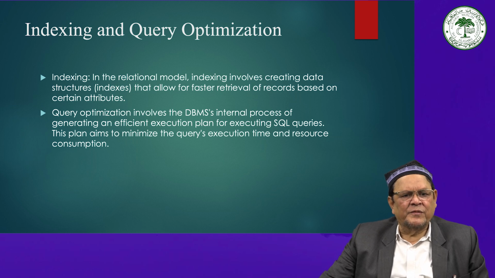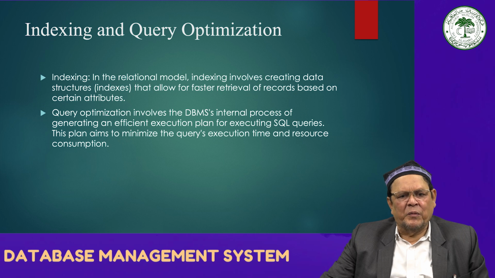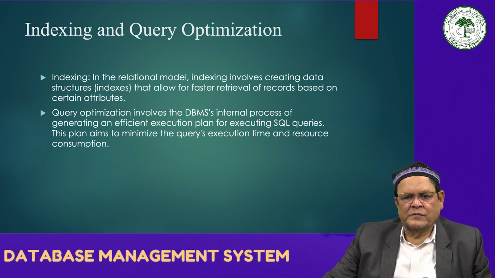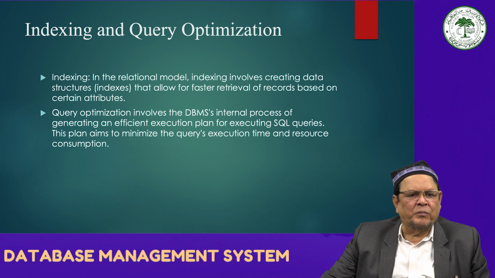Indexing. In the relational model, indexing involves creating data structures that allow for faster retrieval of records based on certain attributes. Indexes are typically implemented as a B tree or hash structure, facilitating rapid lookup operations.